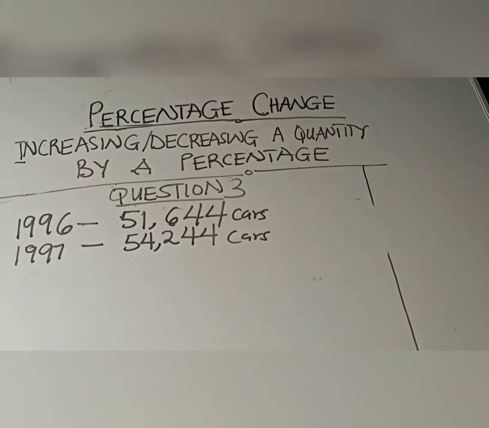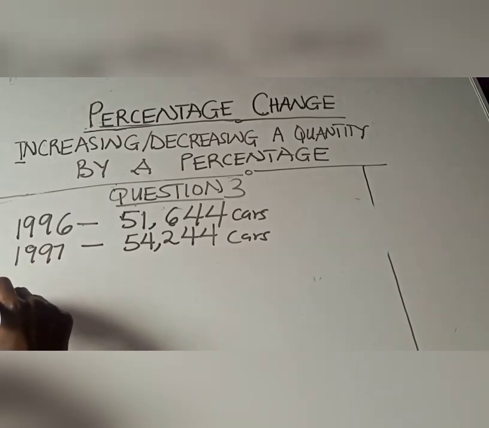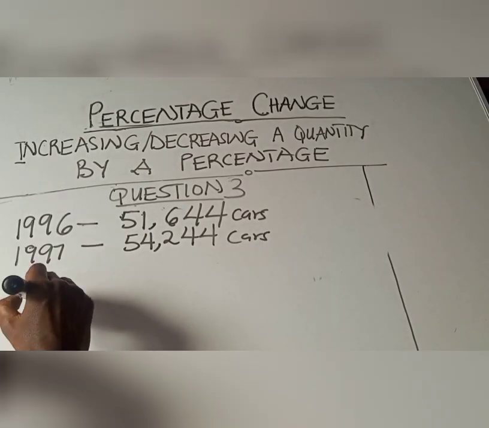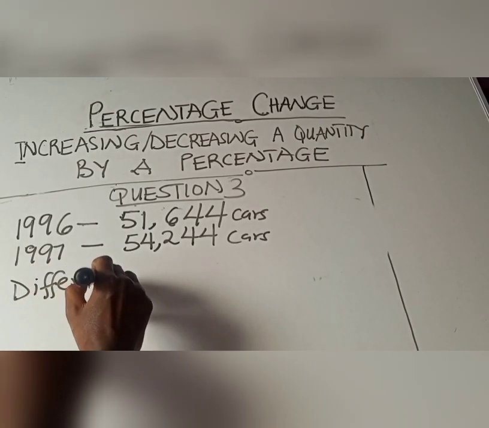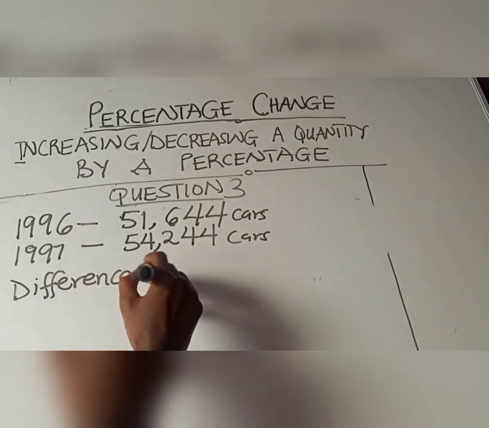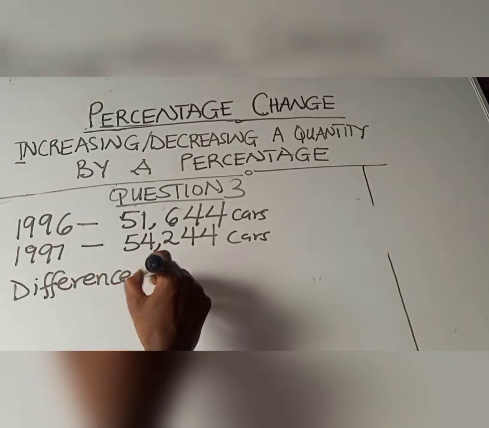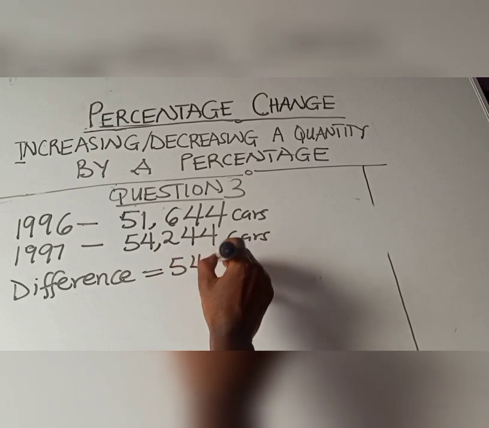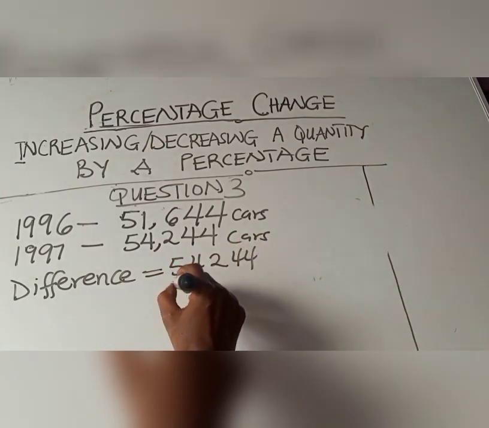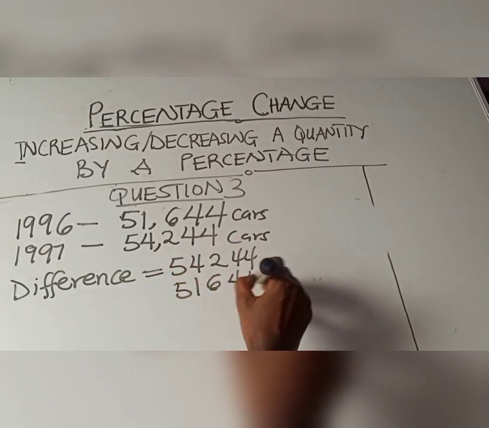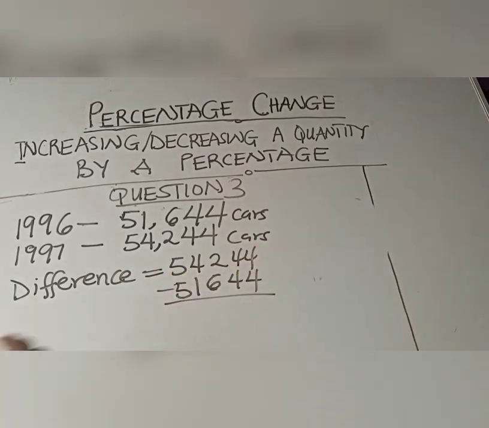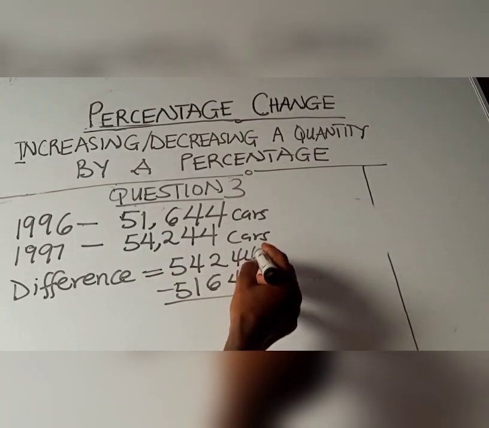So just find the difference. The difference for the quantity more is 54,244 minus 51,644. Subtracting them, difference has to do with subtraction.